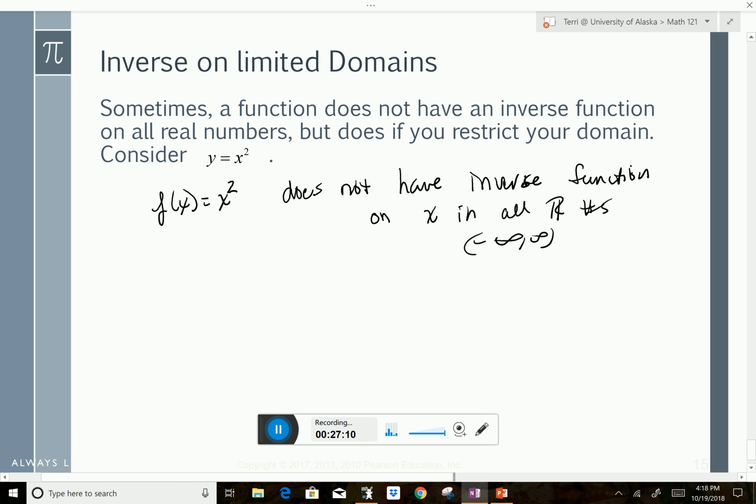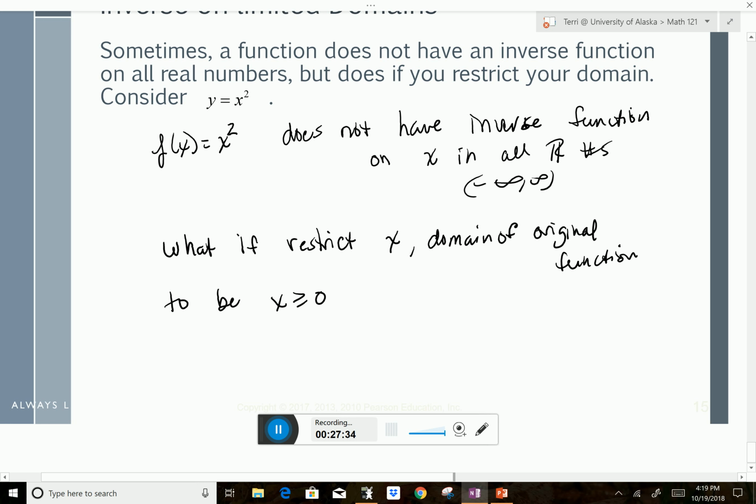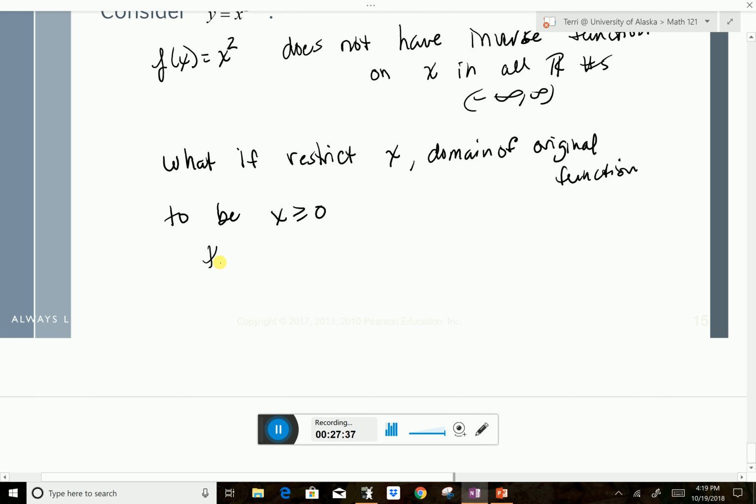But what if we restrict our original x to be x greater than or equal to 0? If that is the case, then we can say that the inverse function equals the square root of x, because then we're just doing the opposite and we're not worrying about anything.